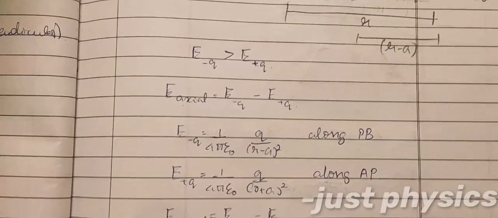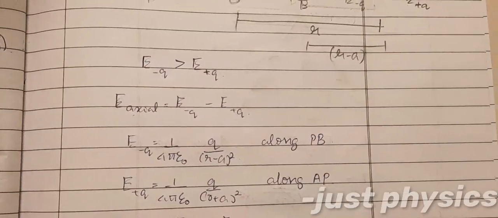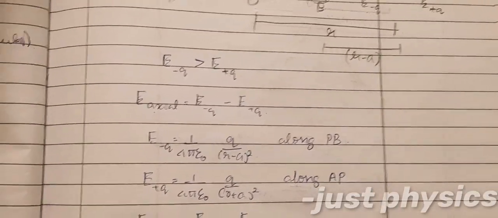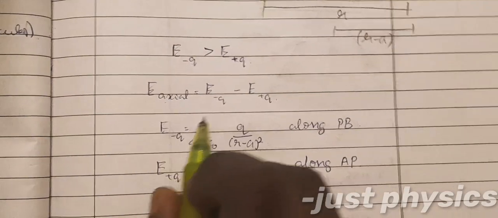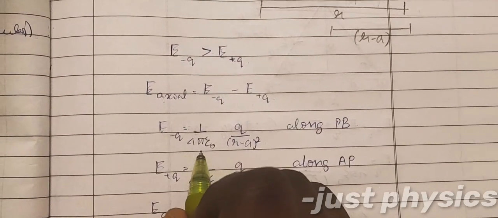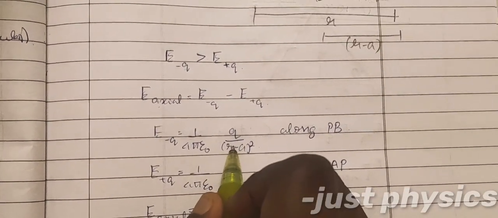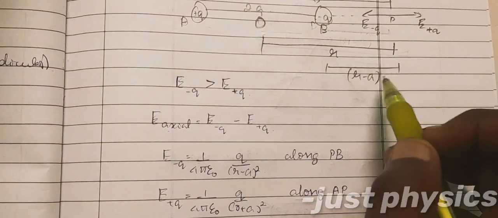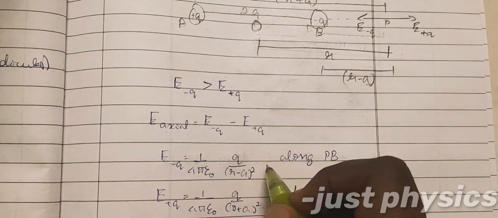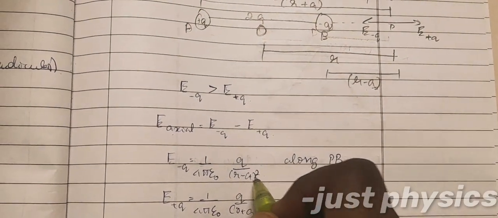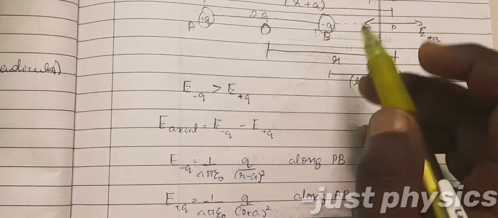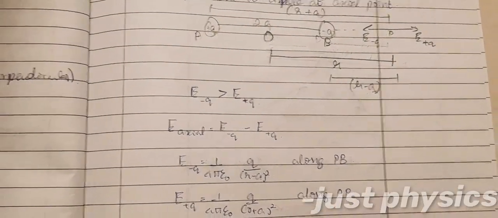From the formula for electric field, E minus q equals 1 by 4 pi epsilon naught times q by r squared. Here the r is r minus a, so the whole square of r minus a. This is along PB, so we shall write that too.